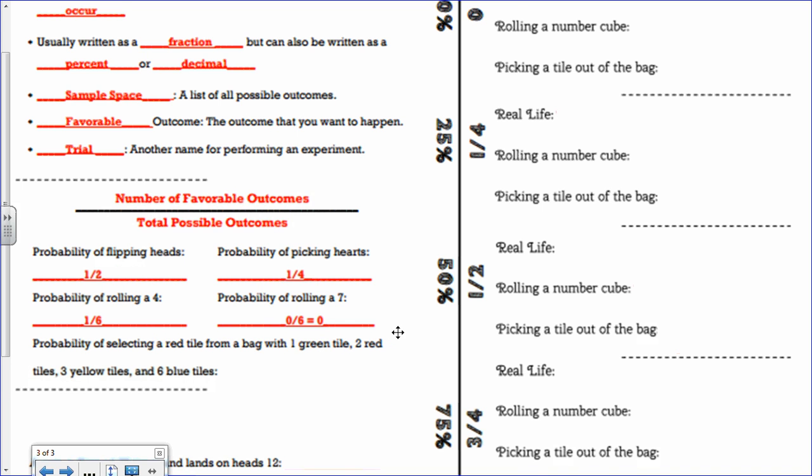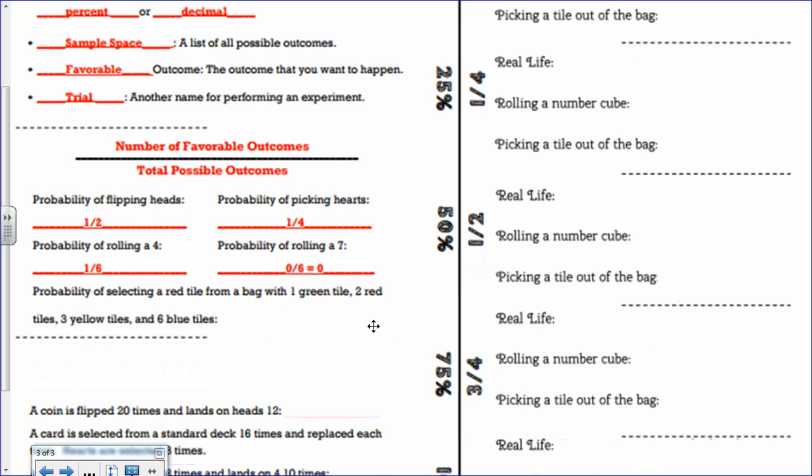So the probability of selecting a red tile from a bag with 1 green, 2 red tiles, 3 yellow tiles, and 6 blue tiles, notice there's 2 red, is going to be 2 out of 10, or 1 out of 5. Actually, we should fix this.